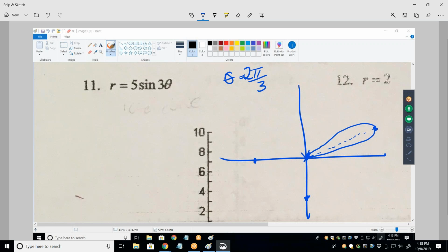Well, that would be pi over 2, so that would be 3 pi over 2, which is -1. There you go. So when theta is 90, I've got -5 as my r. So I do know that's the other half. In other words, the other part of the loop's got to go like that, which means the third part must go like that.